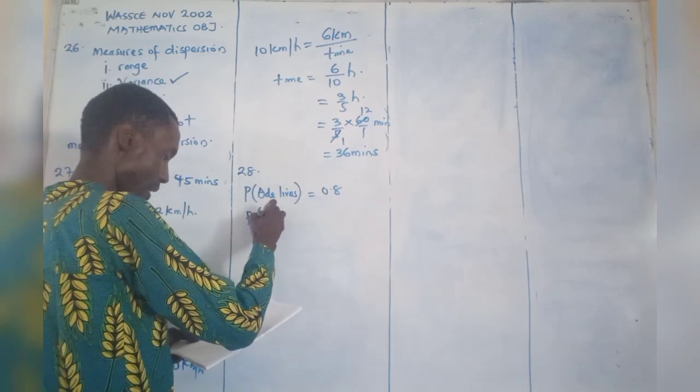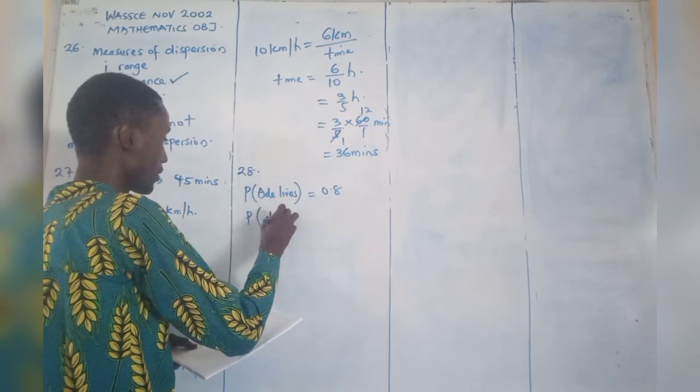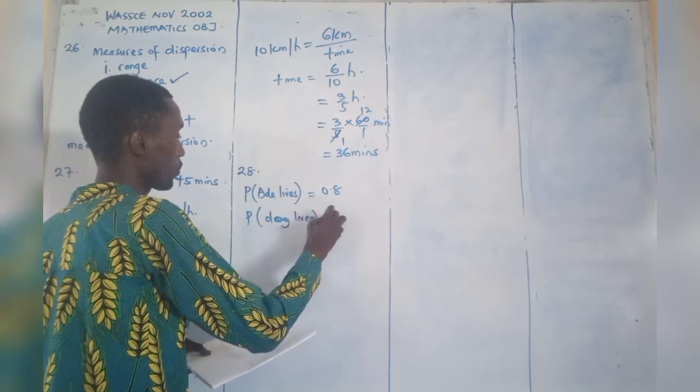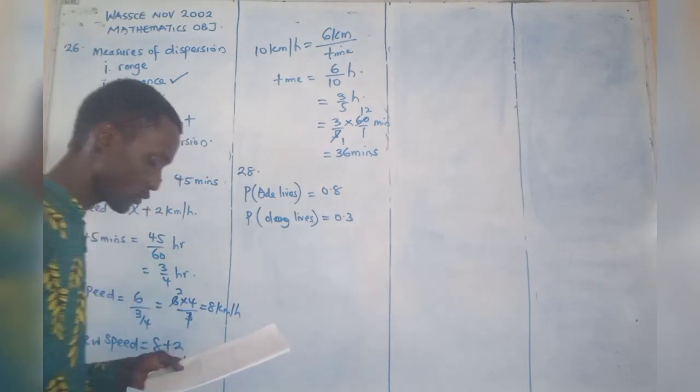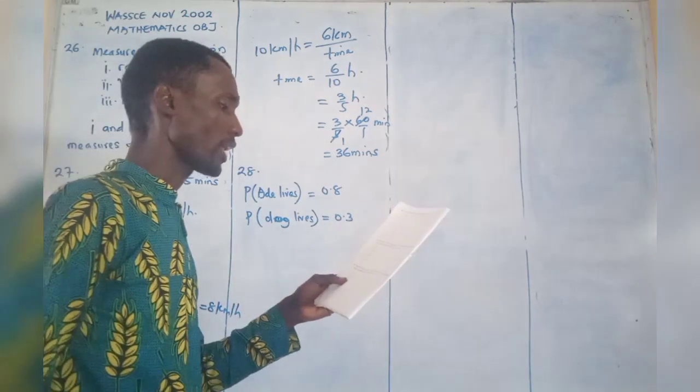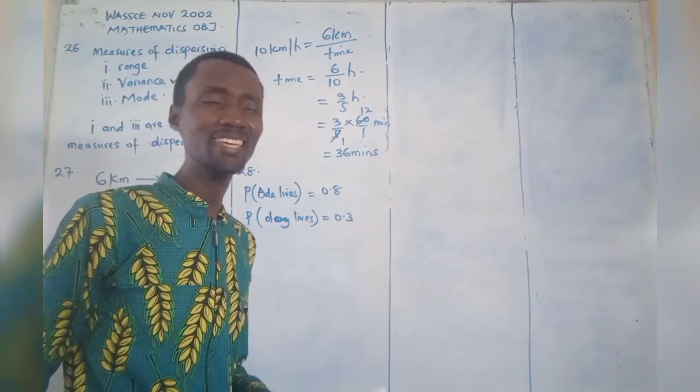The probability the dog lives will be 0.3. That's what they're trying to say. What is the probability that they will both be alive in 10 years' time?